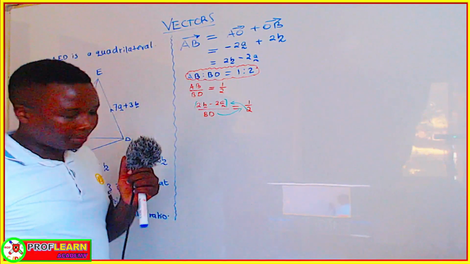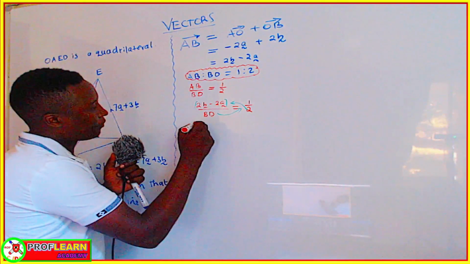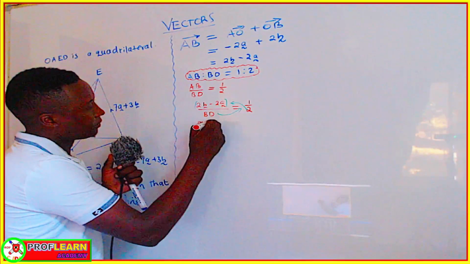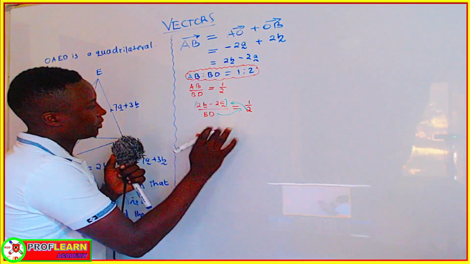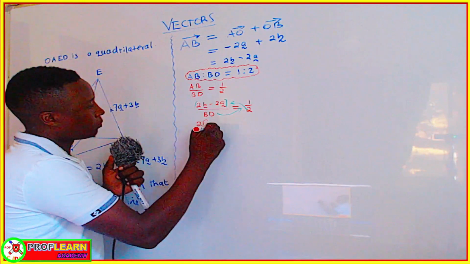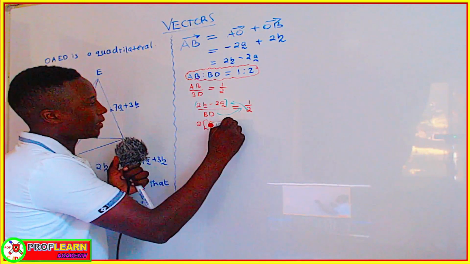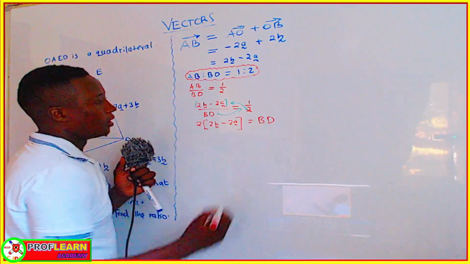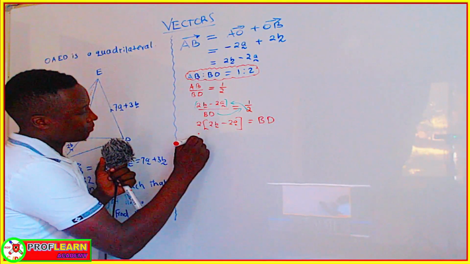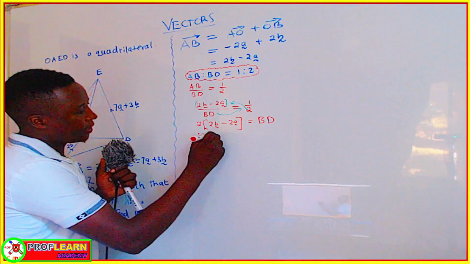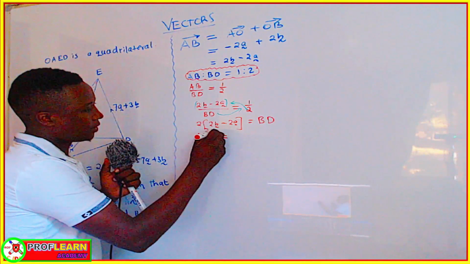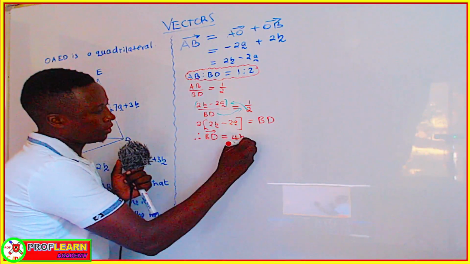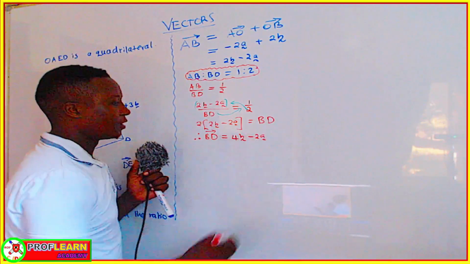So we shall end up having our BD. Let me just write it. This is going to be 2 into bracket 2 vector B minus 2 vector A is equal to BD. Therefore, vector BD is 4 vector B minus 2 vector A.